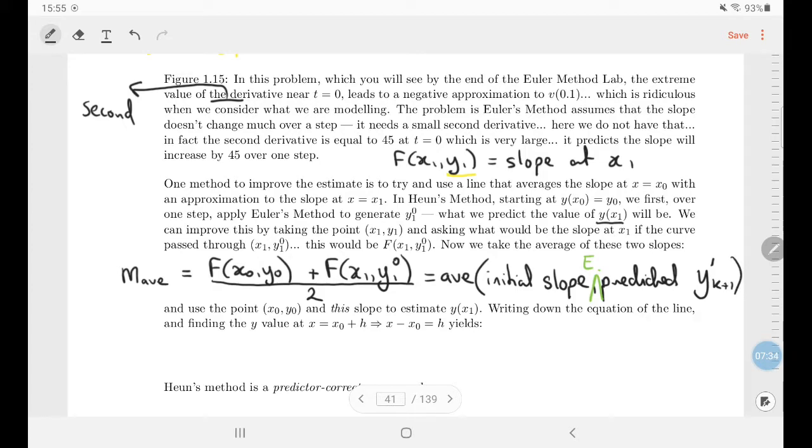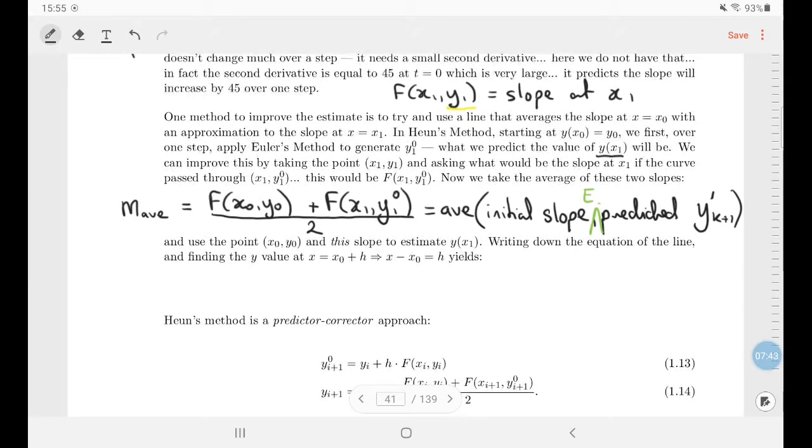And use the initial point and this average of 2 slopes to estimate y of x1. That's Heun's method. Right now, the equation of the line, we find that the next y value is the previous y value plus the step size times this slope, which would be f of, now I should probably be doing this with x1, shouldn't I? I don't know, we'll just keep on going.